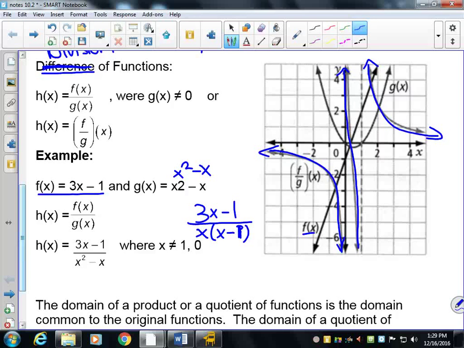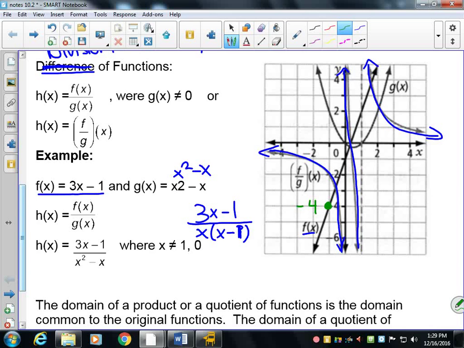Now, what else could you do? You could do the whole division thing that we've got going on, right? So if I go back, my f of x is right here. It's negative 4, right? My g of x, I can't see. Where's my g of x?